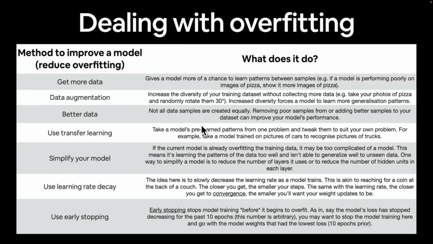If you're still overfitting, you can try to simplify your model. Usually this means taking away things like extra layers, taking away more hidden units. So say you had 10 layers, you might reduce it to 5 layers. Why does this, what's the theory behind this?